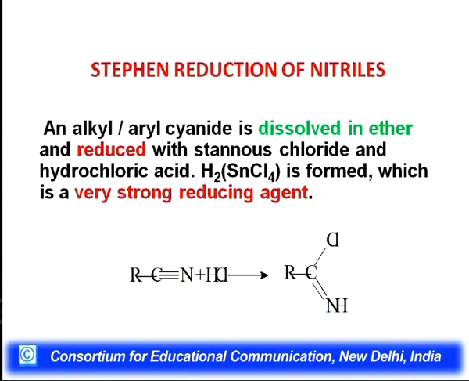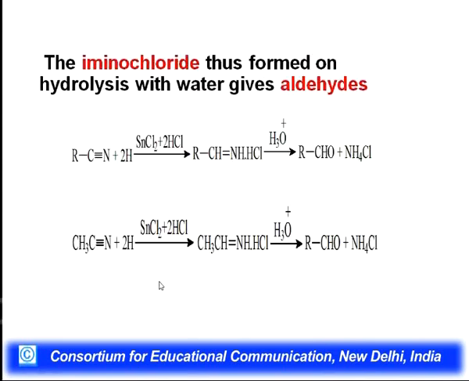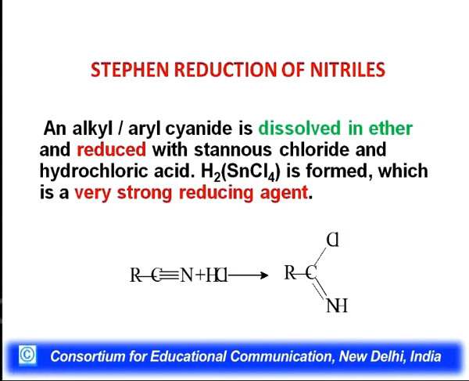That means it is giving 2 electrons. Where are these 2 electrons going? These 2 electrons go to this carbon, and this triple bond becomes a double bond, and the pi electrons go to nitrogen.